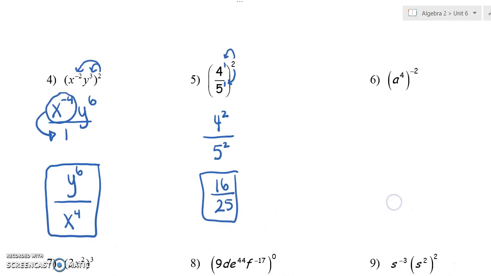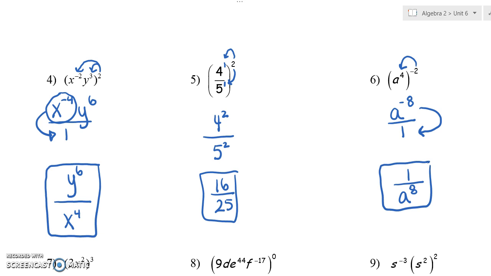All right. And number 6, we're going to go ahead and distribute 4 times negative 2, and we get a to the negative 8. But once again, since it's negative, we are going to take it from the top to the bottom. We end up getting 1 over a to the 8th power. Okay, remember, we're not supposed to have negative exponents.